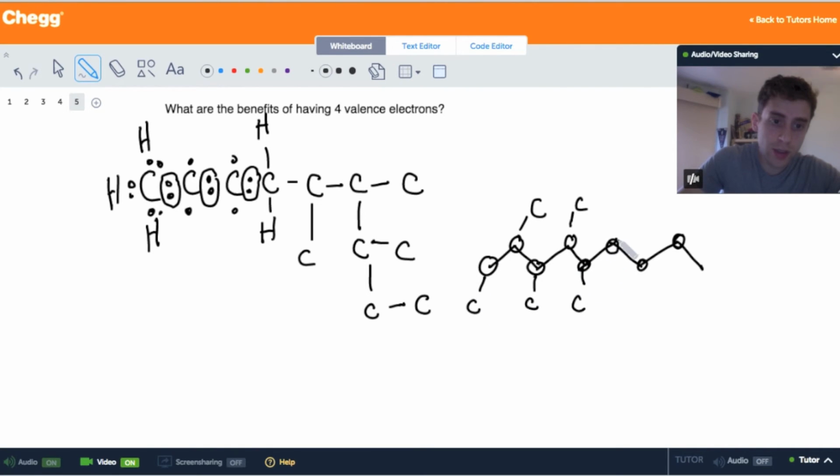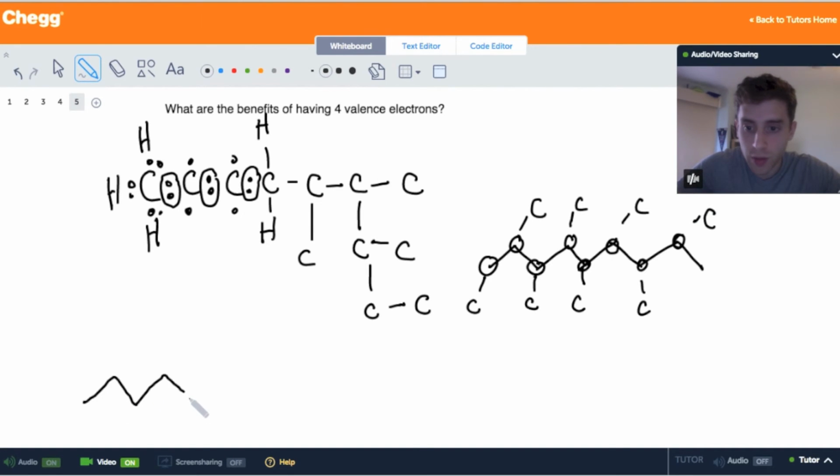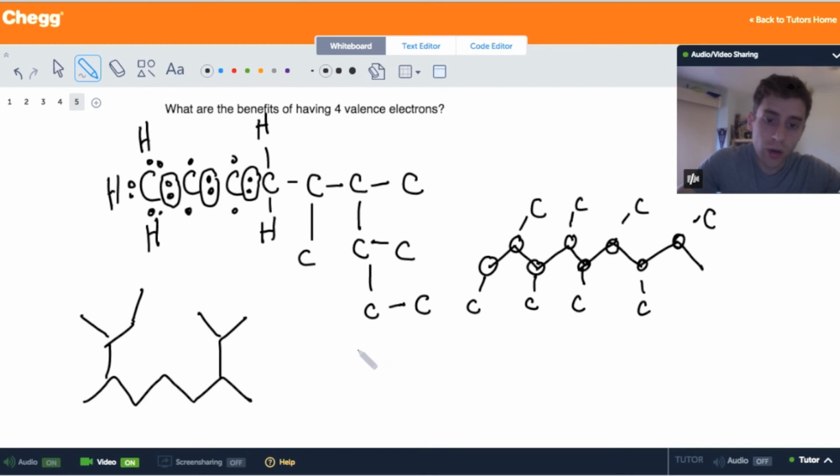So instead of writing C, C, C over and over, since we know that carbon is usually the skeletal backbone for a lot of complex molecules, we can just draw it like that. So we can start branching off and branching off like that. Or you can draw it this way, where you just have your carbons.